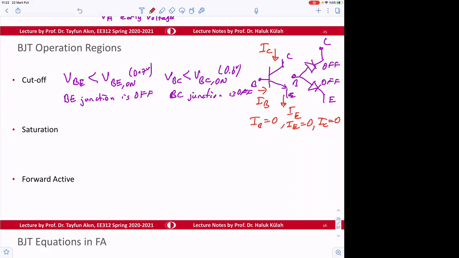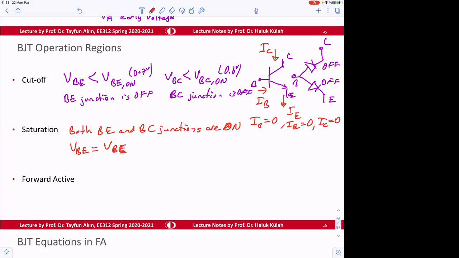Okay. So saturation region is when both BE and BC junctions are on. So this time they are not off, but they are both on. For this case, we will look at this VBE voltage. VBE voltage is going to be not VBE on.